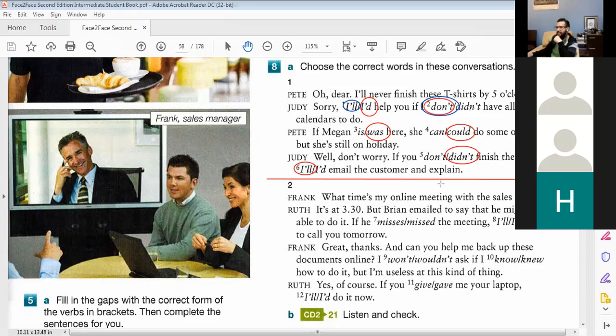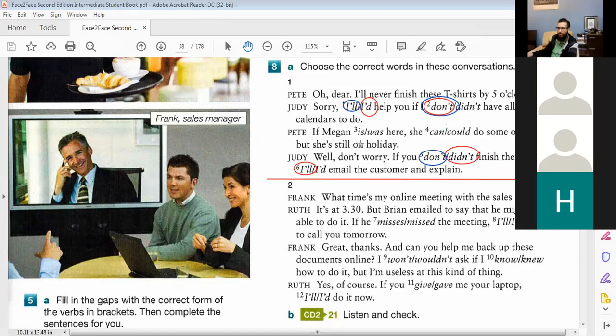Yes, I put "if you don't" and "I would." And the last one, the same answer. Okay. "Don't, I will." If you don't, I will. And number 3 and 4 the same. This is your answer.